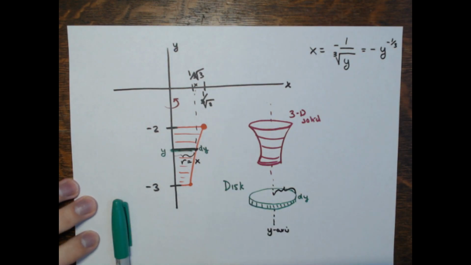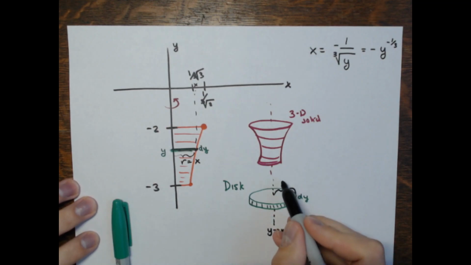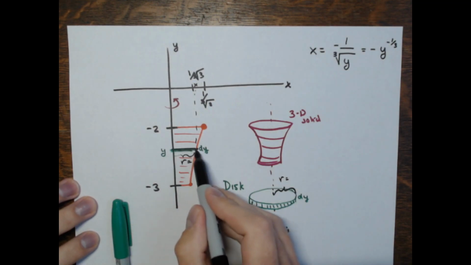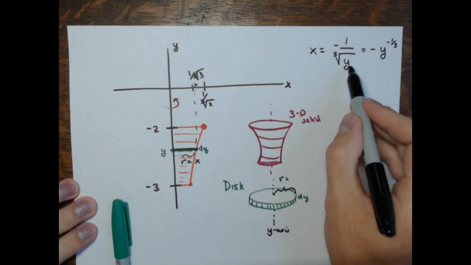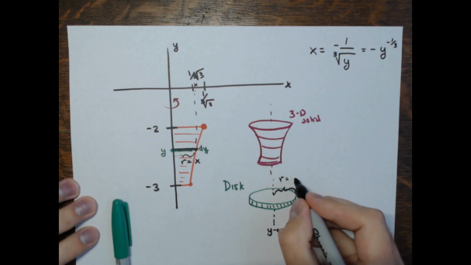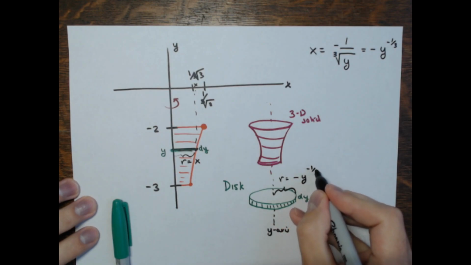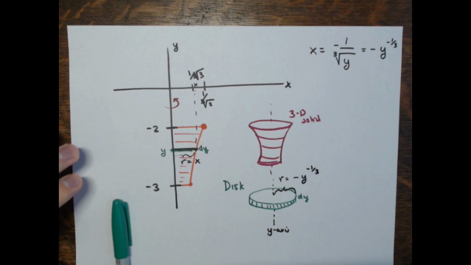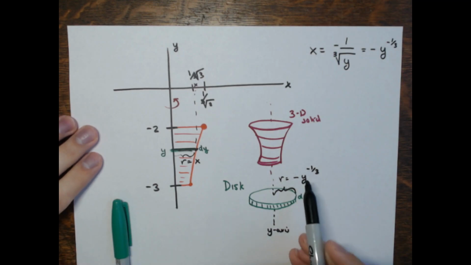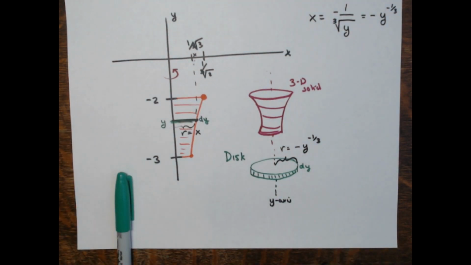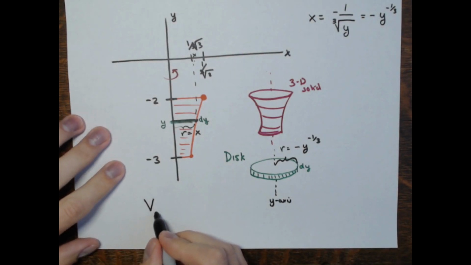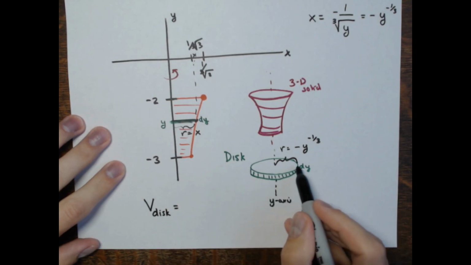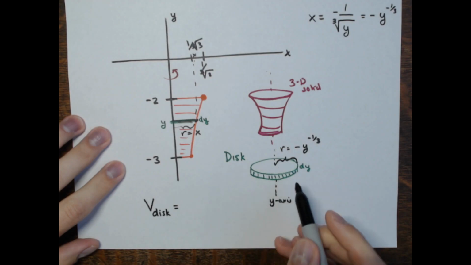But I want to get things in terms of y. I have dy, and the x coordinate of this point on this curve, this is the x coordinate in terms of y. It's negative y to the negative 1/3 power. So now I have the radius in terms of y, I got the thickness. We can say the volume of this disk, right? The volume of a disk is the area of the circular face, the circular cross section, times the thickness.